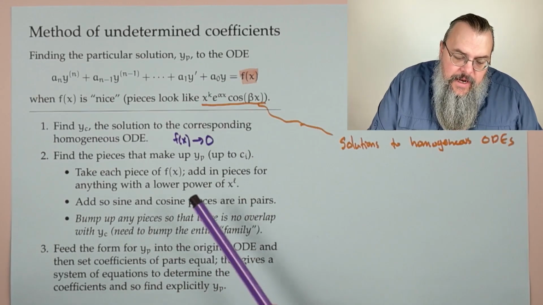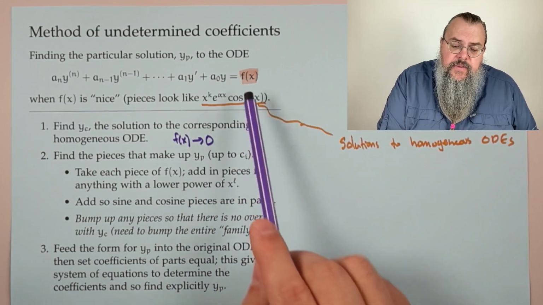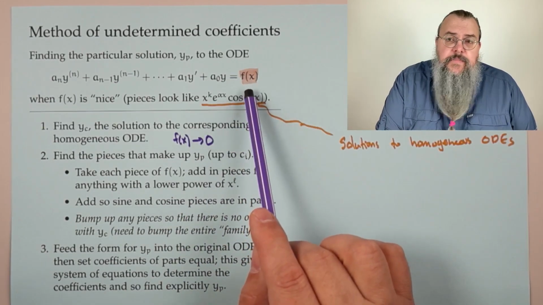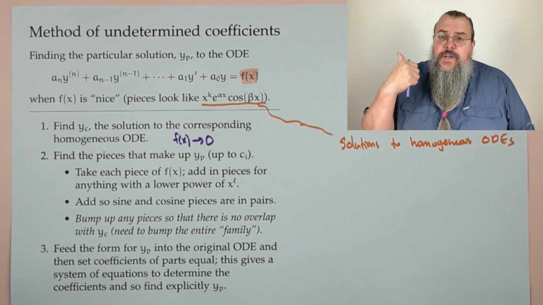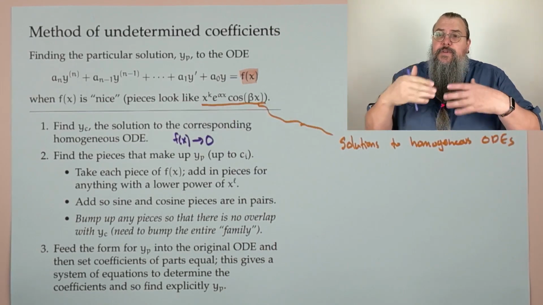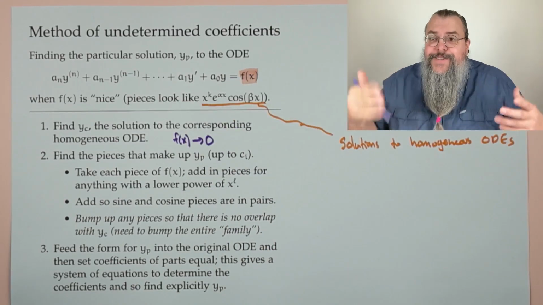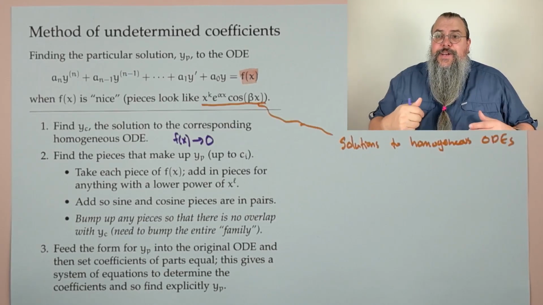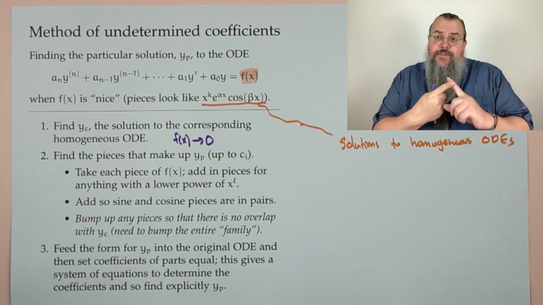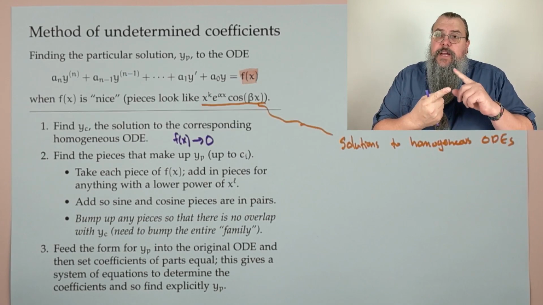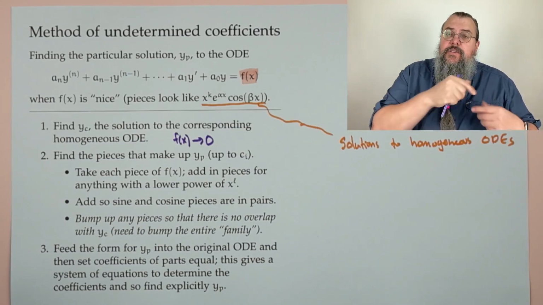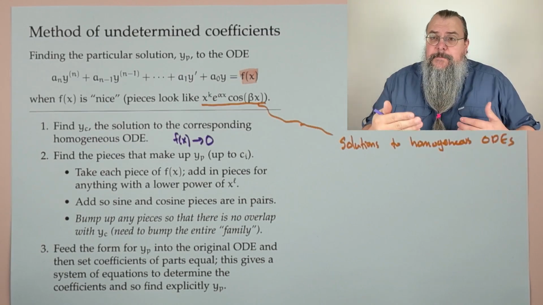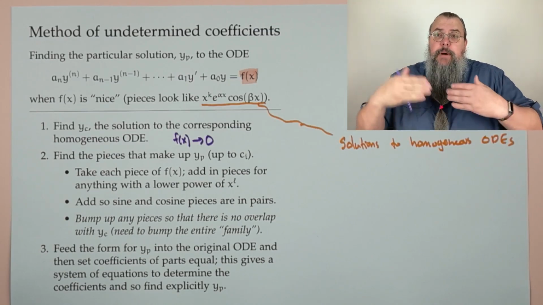So how do we do it? We start by asking what f of x looks like. Write all those pieces down. And then there are some rules. Think about what solutions to homogeneous constant coefficient ODEs look like. Whenever we had powers of x, we always had powers of x all the way down, because powers of x came from bumping.